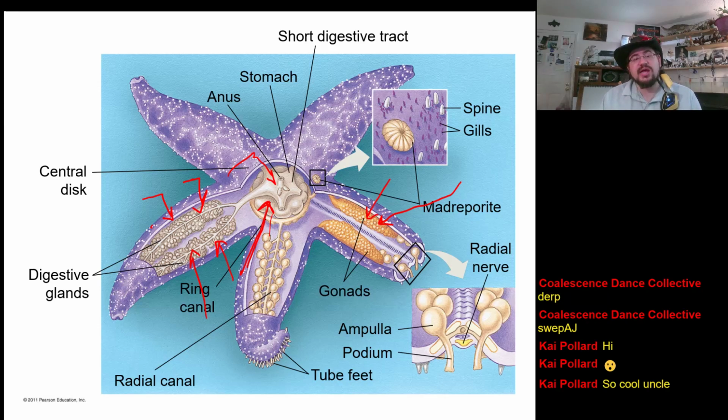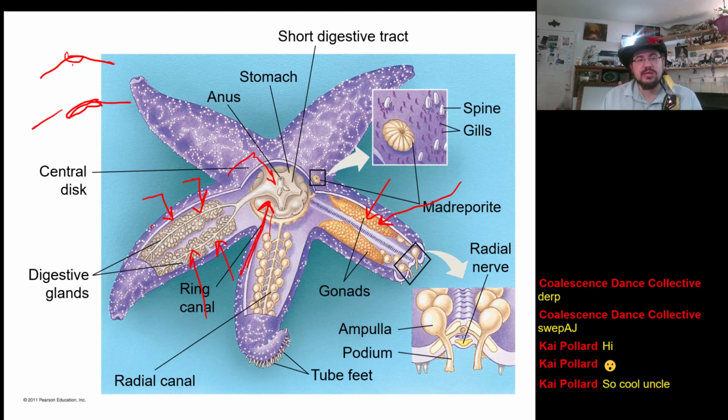The digestive tract of a sea star is very short. It is technically a complete digestive tract with a mouth and an anus, with the anus exiting dorsally on top and the mouth being ventral at the bottom.